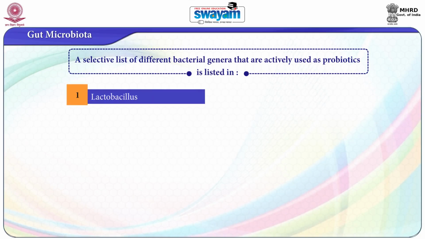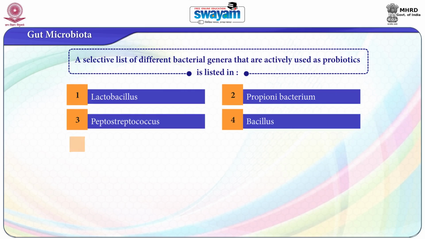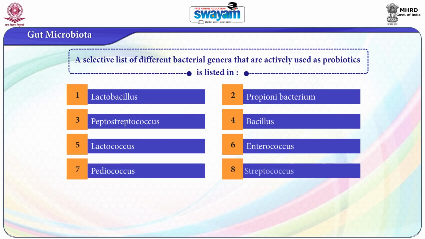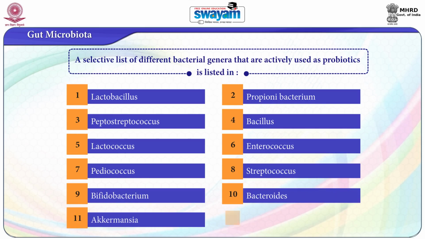First is Lactobacillus, second is Propionibacterium, third is Peptostreptococcus, fourth is Bacillus, fifth is Lactococcus, sixth is Enterococcus, seventh is Pediococcus, eighth is Streptococcus, ninth is Bifidobacterium, tenth is Bacteroides, eleventh is Akkermansia and twelfth is Saccharomyces.